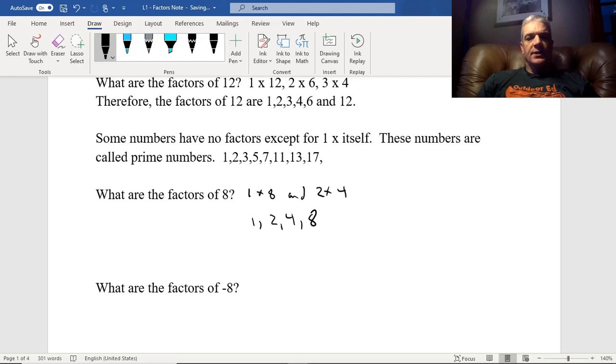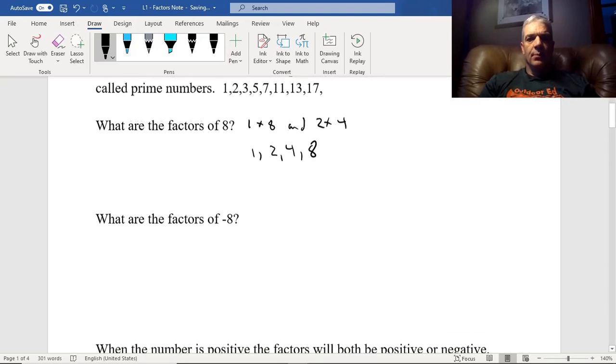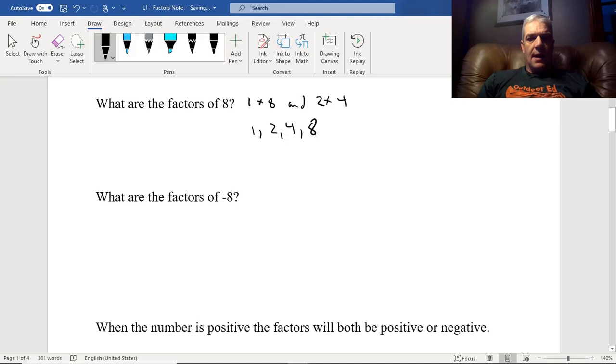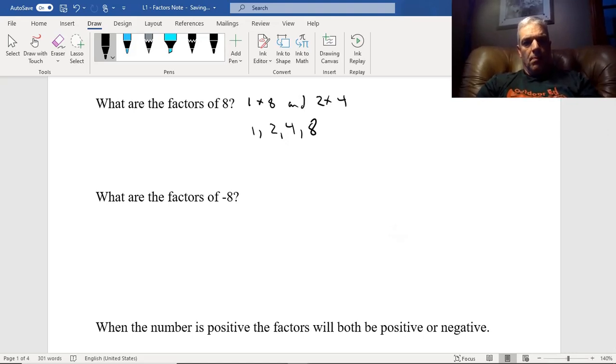Now it's interesting when we start looking at negative numbers, but essentially any number that is positive as a factor can also be negative. Say, for example, 1 times 8 will give me 8. How can I make it negative? One of them has to be negative. So one option would be minus 1 times 8.